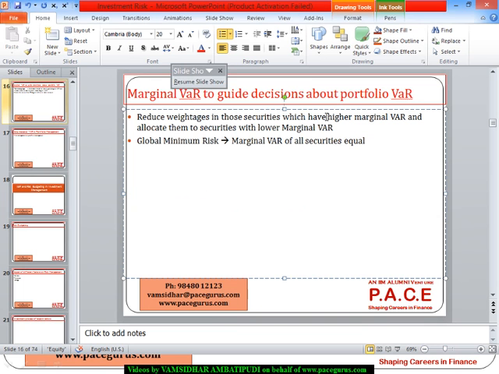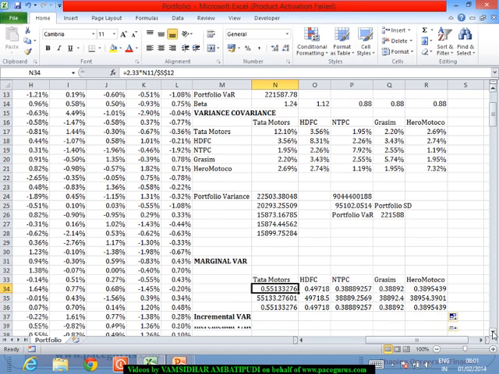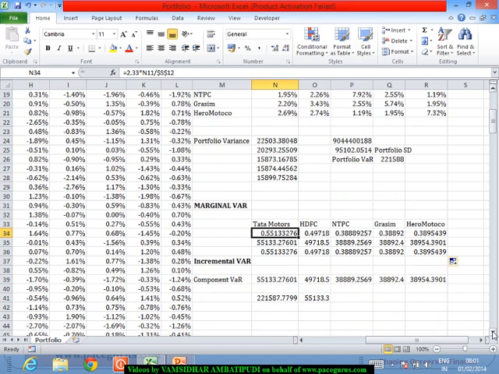So going back to our example, we know that this Tata Motors is having a higher marginal VAR, whereas probably one of these three, let's say NTPC, is having the lower marginal VAR. Now what we are saying is, it's better that you allocate.